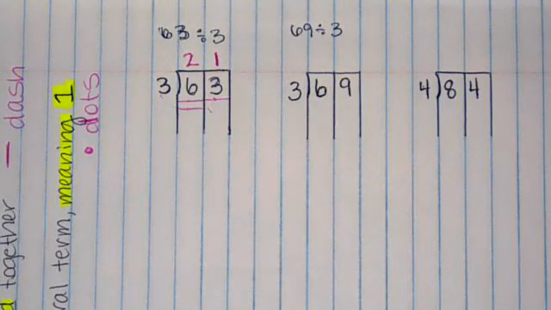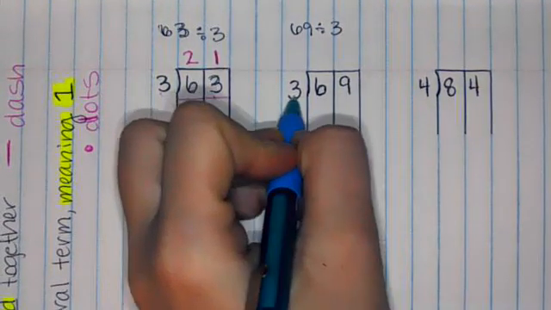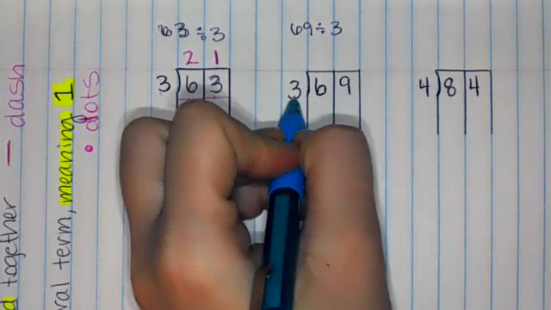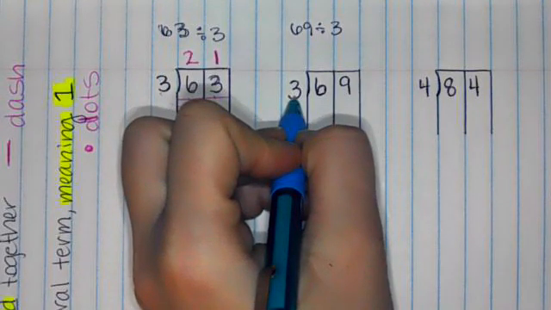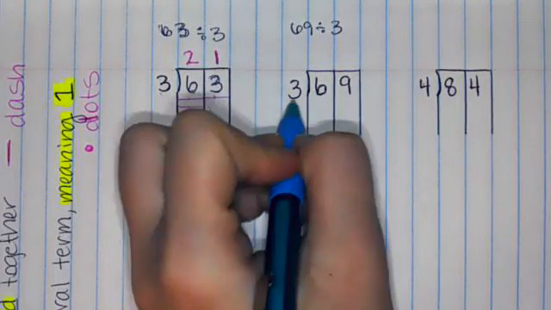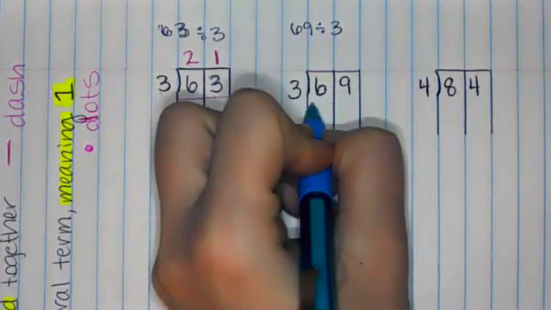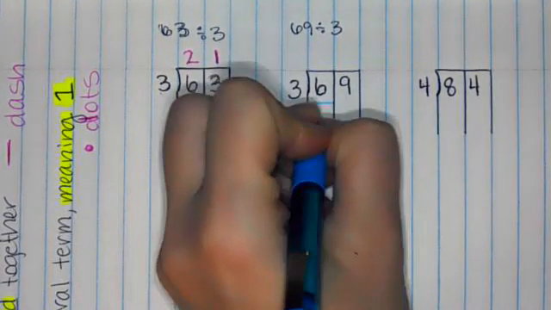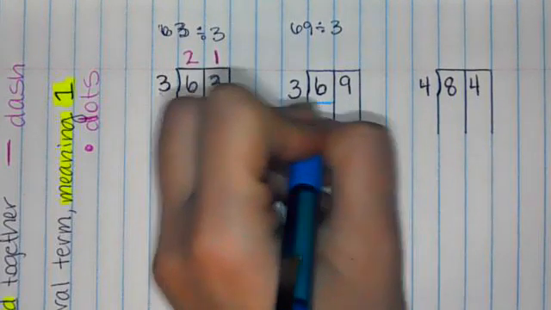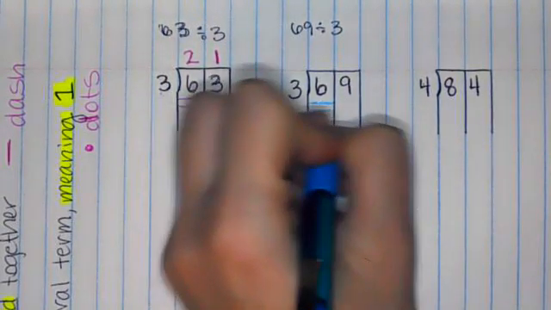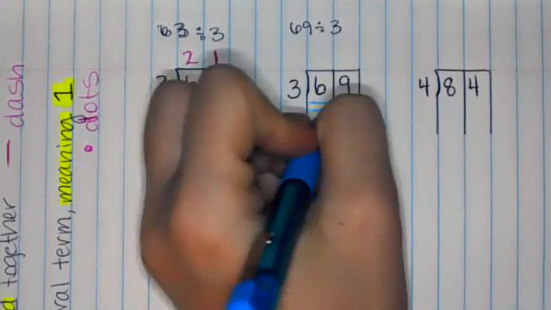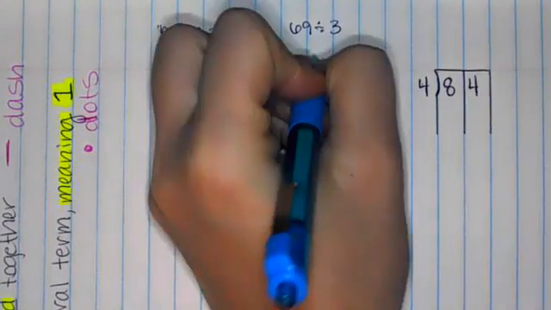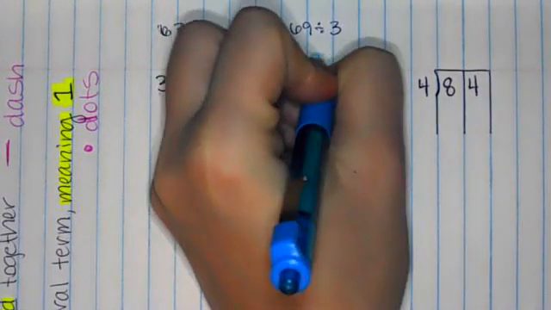Again, we're going to use the opposite of division, that's multiplication, to help us find the answer. So 3 times 1 is 3. 3 times 2 is 6. There are 2 dashes. I put a 2 in the quotient.